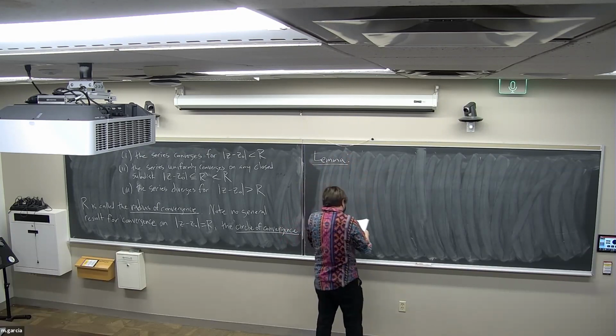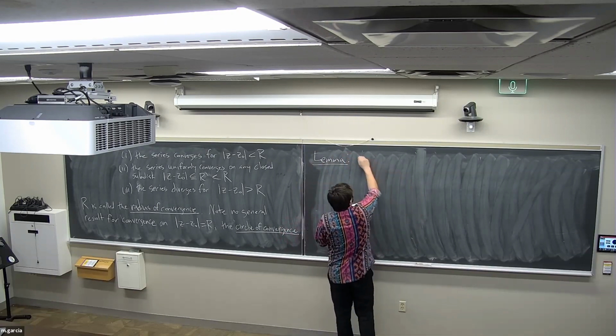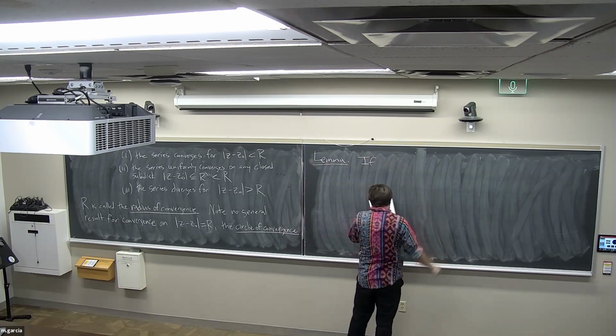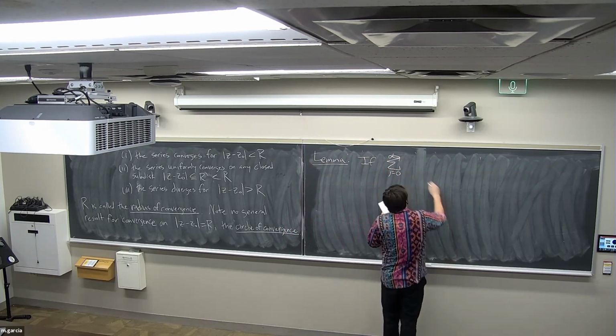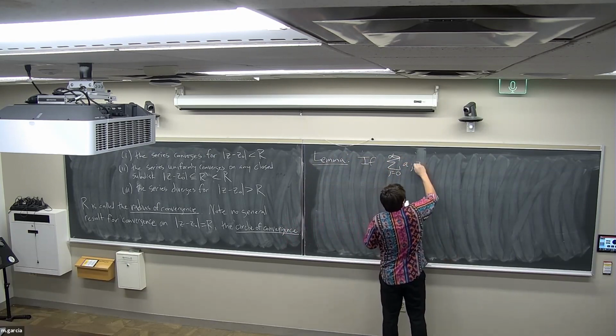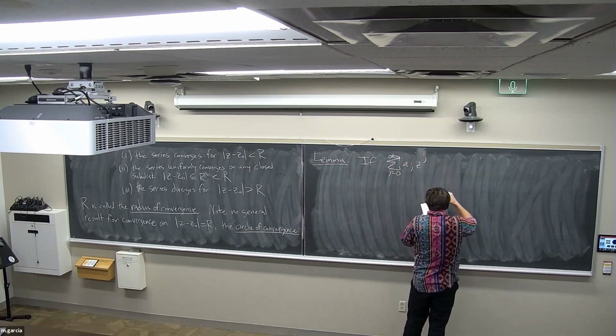So let's take a power series, the sum from j equals 0 to infinity of a sub j times z to the j.